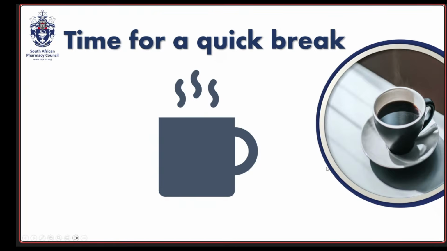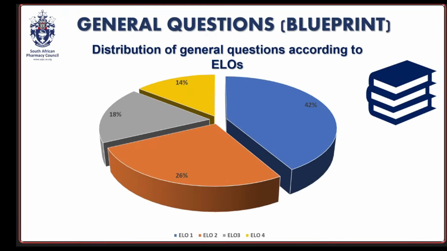The general questions, you will see it is distributed over all four of our exit level outcomes. And you will notice that exit level outcome one is about 42% of all the questions.